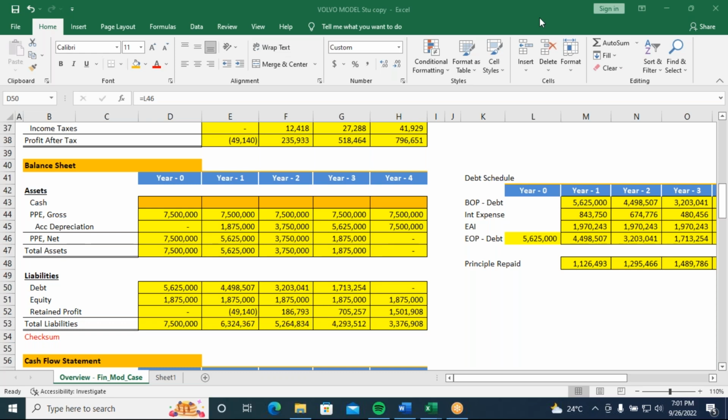Are you girls able to solve the liability side of the balance sheet? Yes, ma'am. Is anybody having a doubt?